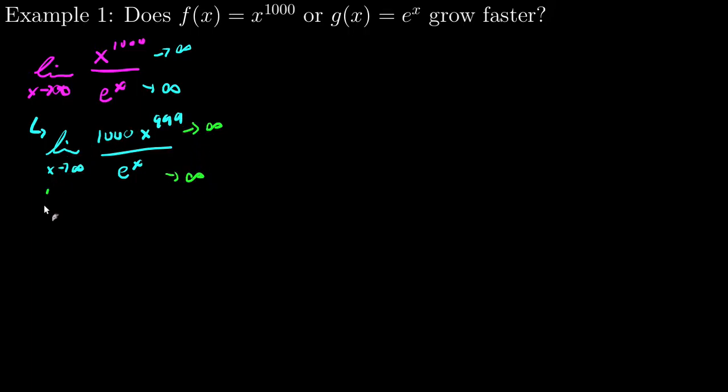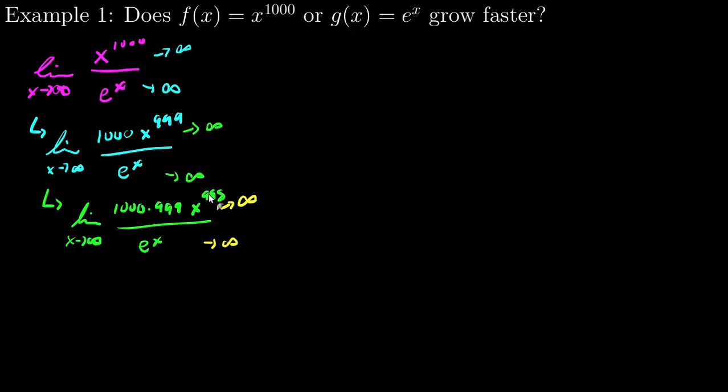And if I took the derivative again, I get the limit as x approaches infinity of 1000 times 999 x to the 998 divided by e to the x. But if you consider what happens as I go further and further, it's still going to infinity over infinity.